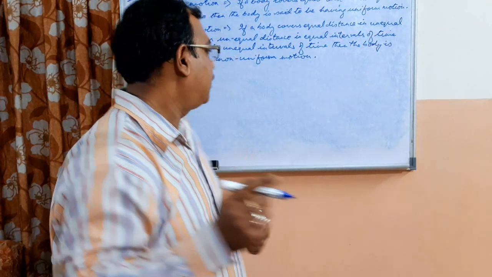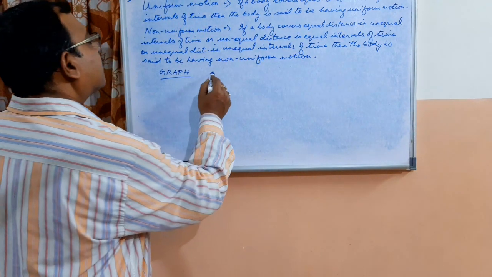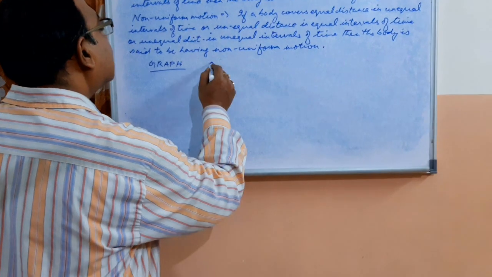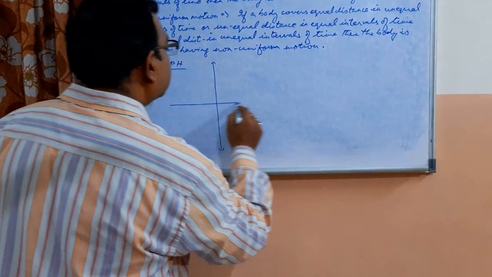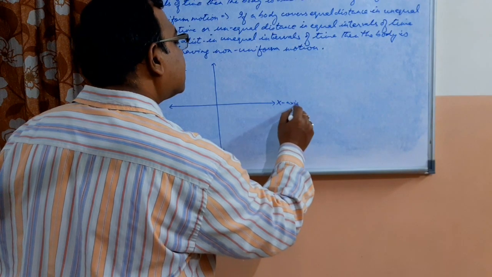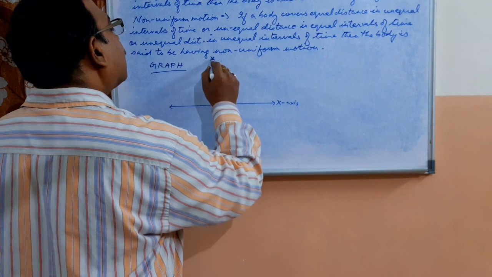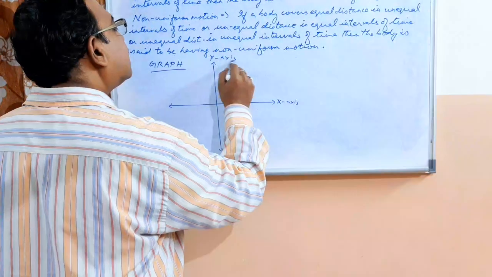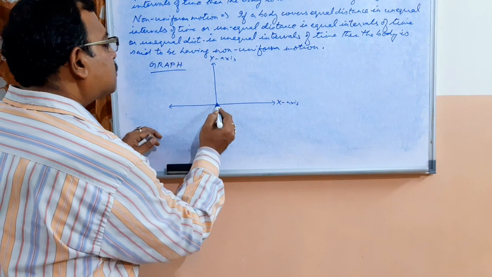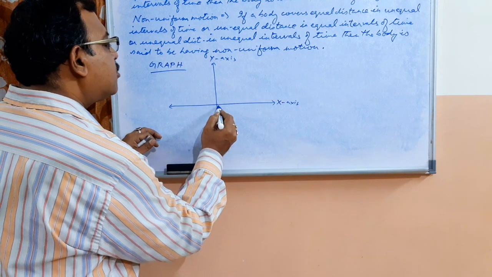First of all, two axes, one vertical axis, one horizontal axis. The horizontal axis is called x-axis, the vertical axis is called y-axis, and the point of intersection of the x-axis and y-axis is called origin.